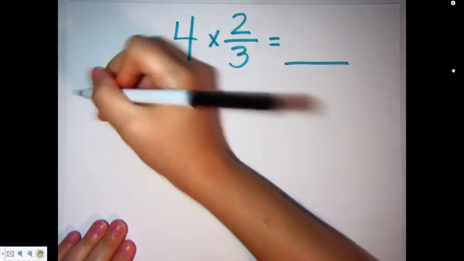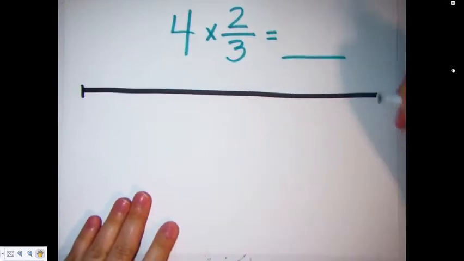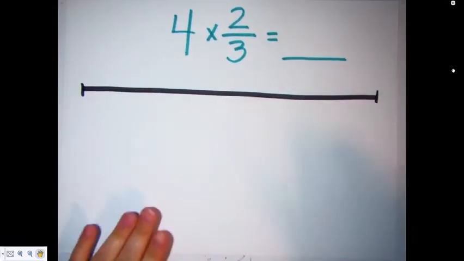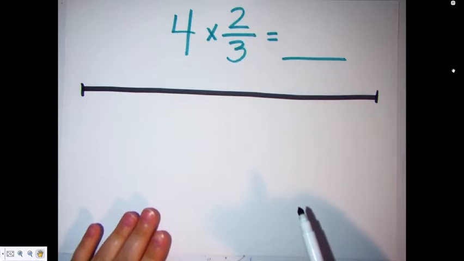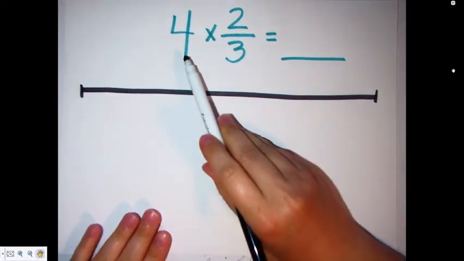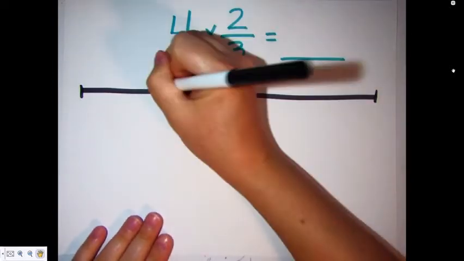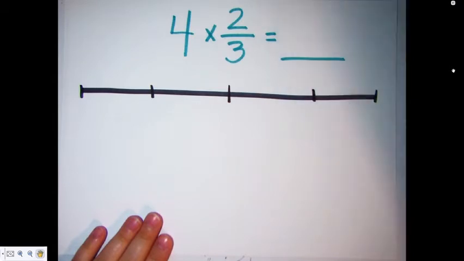A number line is always going to have a beginning, an ending, and then we need to figure out how many spaces we're going to need. In this case, we have four wholes or four groups. So we're going to make sure that we have four groups on our number line.